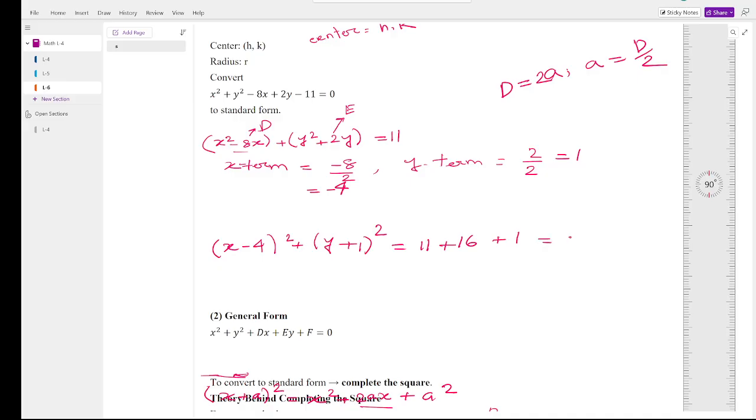So we find the final answer is 28. Now the standard form is (x minus 4) whole square plus (y plus 1) whole square equal to 28.